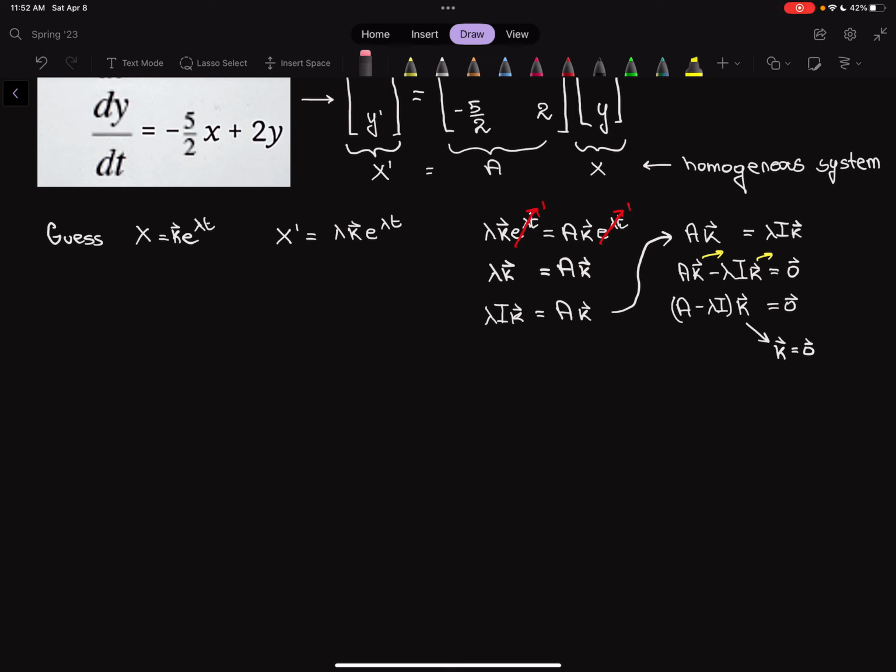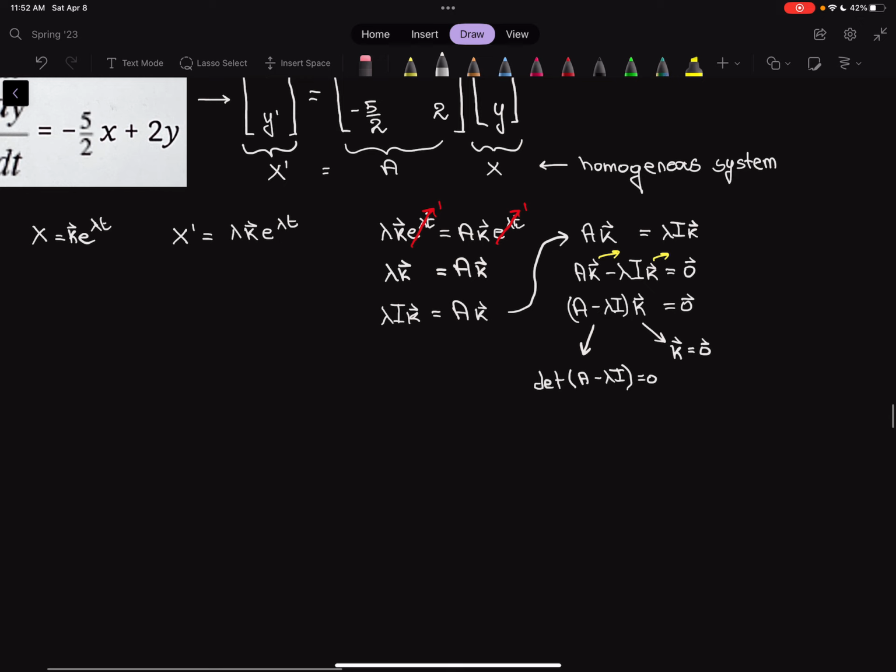But another way is if this transformation, because remember this is the matrix A minus lambda times I, which is an overall matrix, collapses the vector to a lower dimension, which means that its determinant would be 0, then this equation would also be true. So this is called the trivial solution.